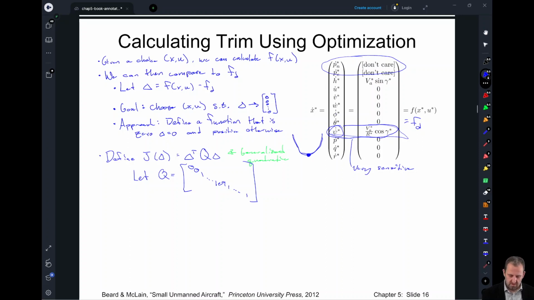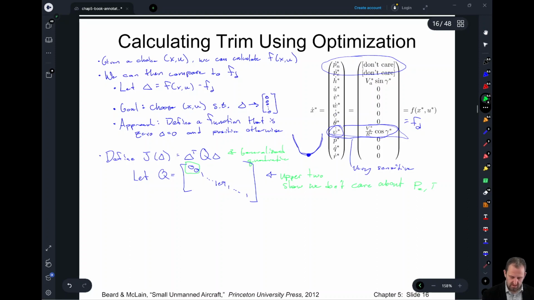So again, these two elements right here, the upper two, show we don't care about PE, and PN.